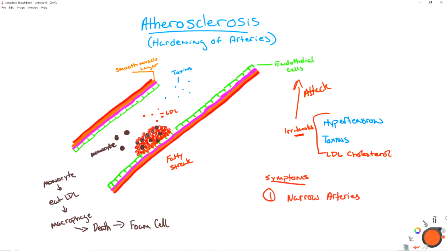Okay, and calcium. So we'll say here the smooth muscle deposits calcium. Okay? And calcium, we know, is a hard substance, right? Our bones are made of calcium.